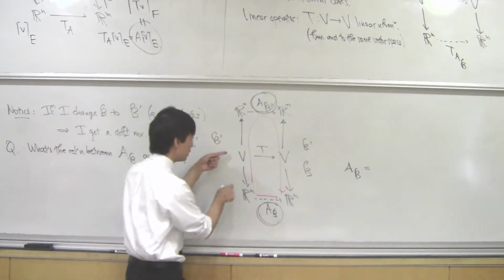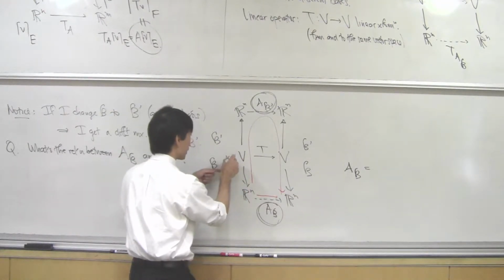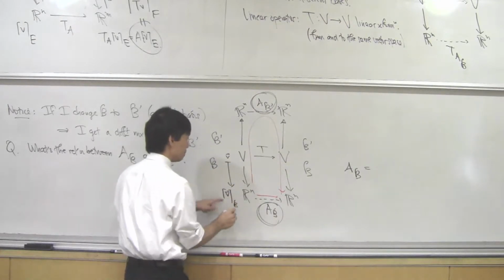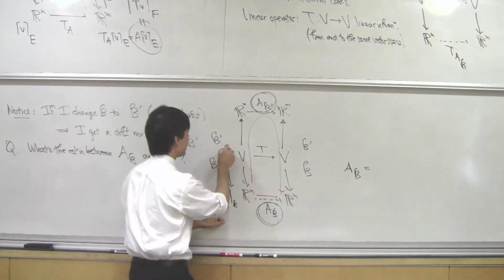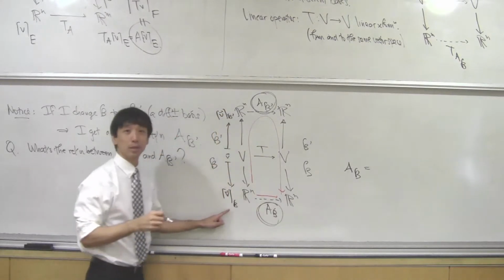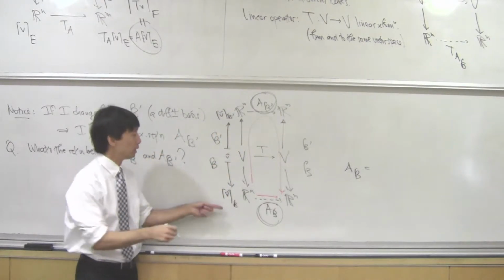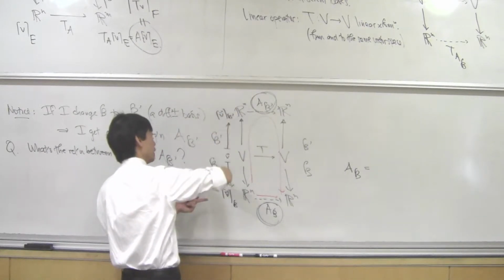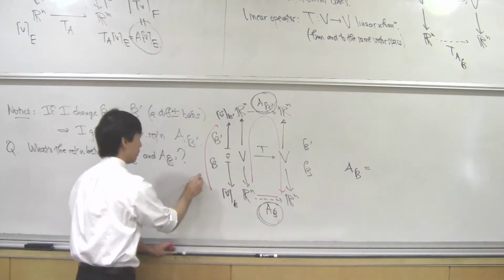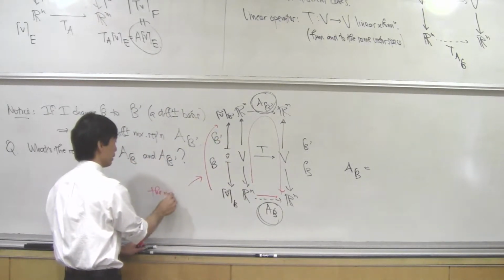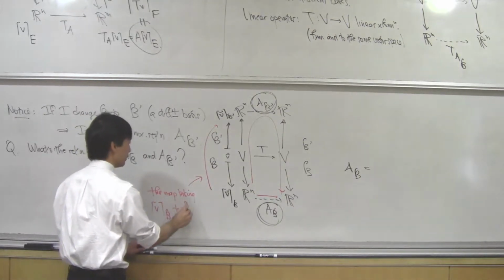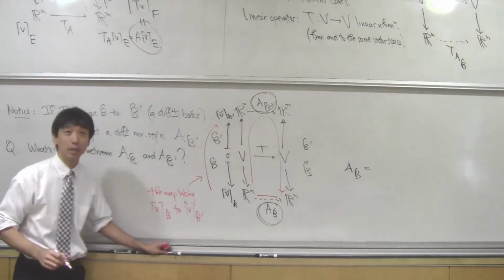Okay, now think of what this does. This map here takes your vector and brings it to the coordinate vector with respect to B. This map here takes your vector and maps it to the coordinate vector with respect to B prime. Well, that means that this map here is the map taking the coordinate vector with respect to B to the coordinate vector with respect to B prime, right?